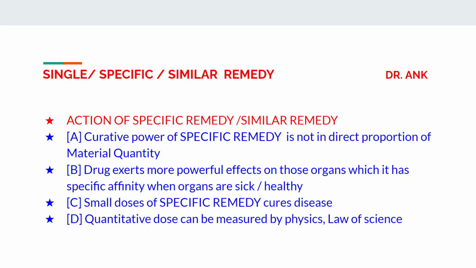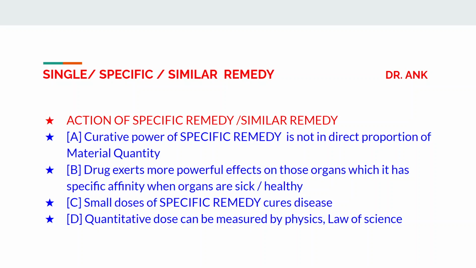Higher potency means higher quality, and this is in inverse proportion to the quantity. A drug exerts more powerful effects on those organs for which it has a specific affinity, whether the organs are sick or healthy.